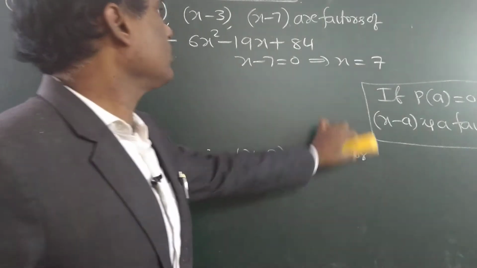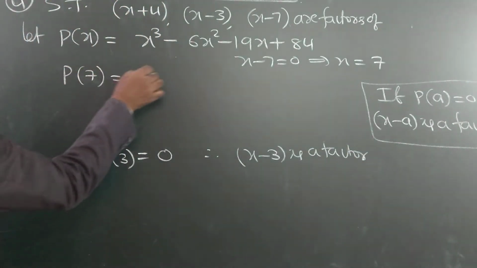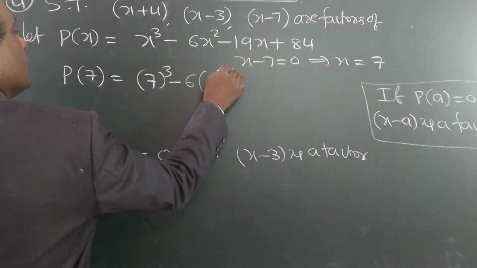To prove that x minus 7 is a factor, find p of 7. 7 cube, 6 into 7 square.